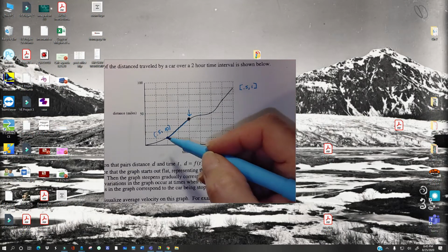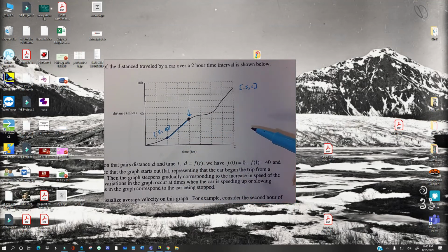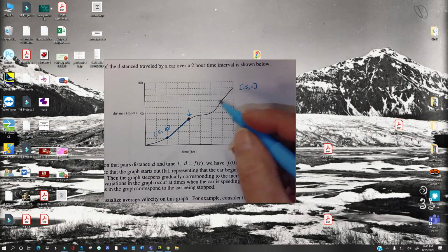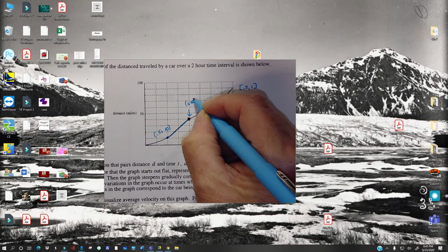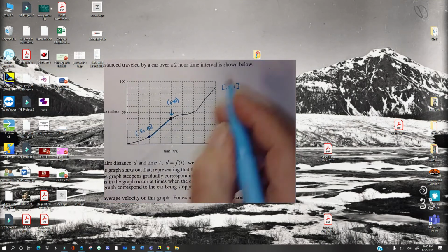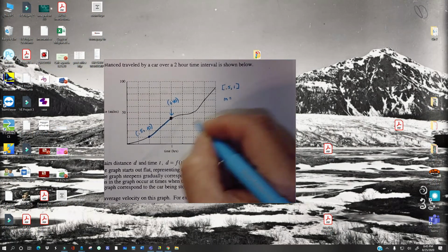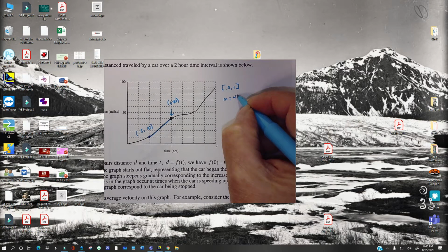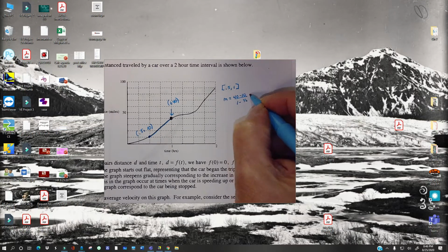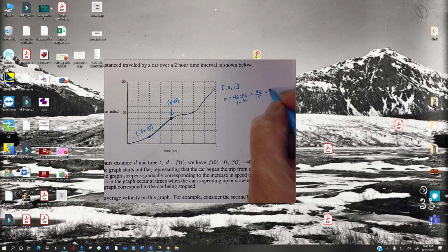Remembering that this is the point (1, 40), the slope of that blue secant line, or the average velocity on this interval, is going to be 40 minus 10 over 1 minus 1/2, or 30 over 0.5, which is 60.